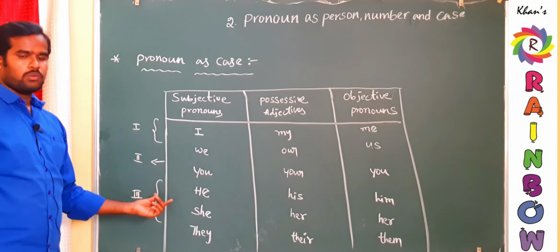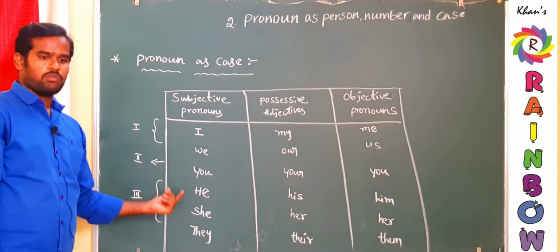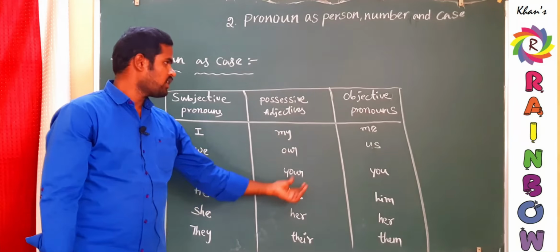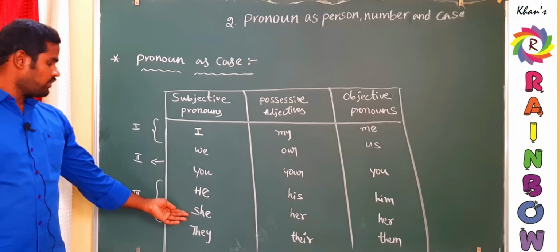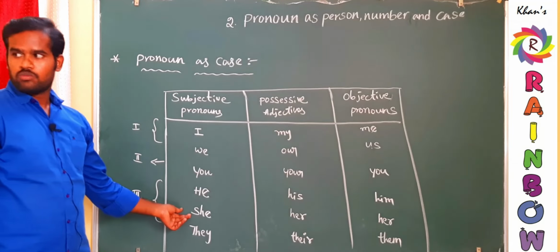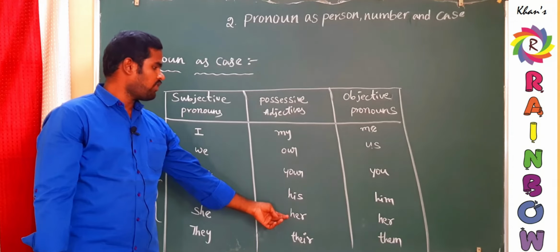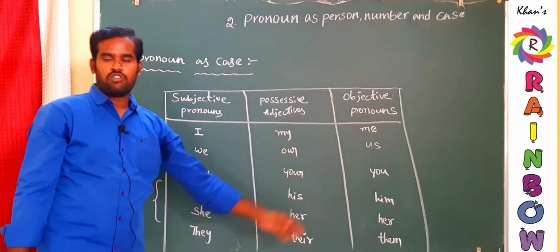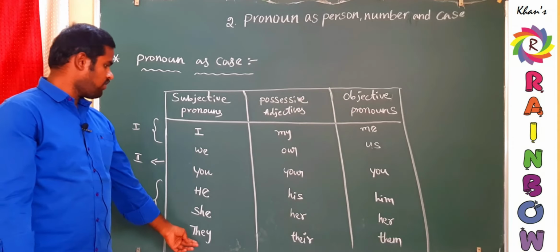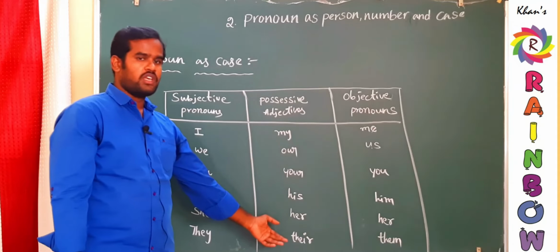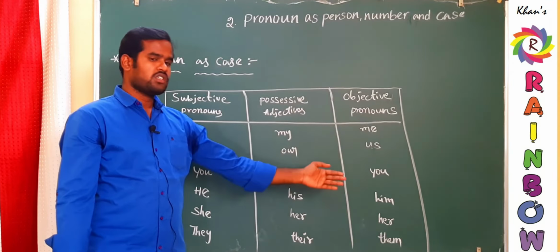And then coming to third person, male. Subjective form he, possessive form his, and objective form him. And coming to third person, female. Subjective form she, and then possessive form her, and then objective form her. And coming to third person, plural. Subjective form they, possessive form their, and objective form is them.